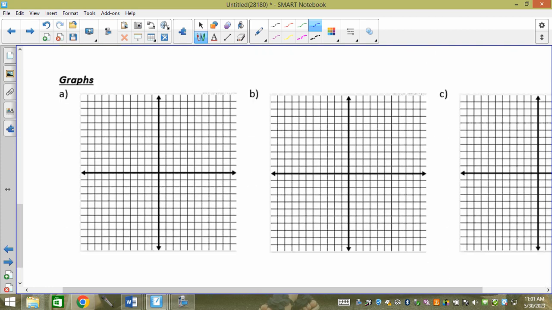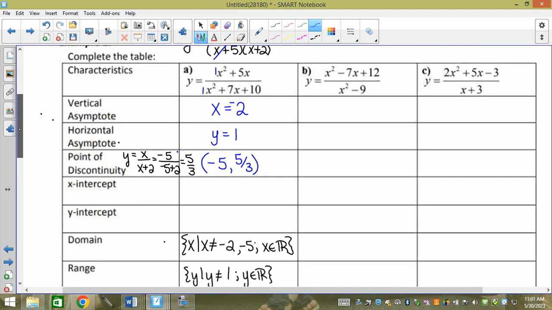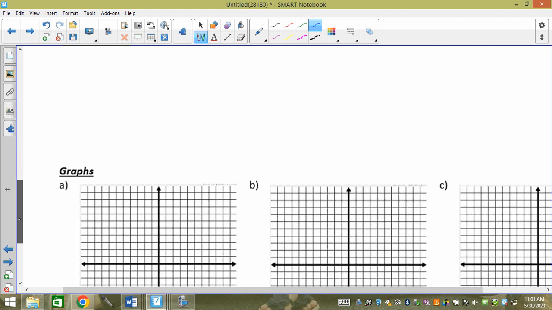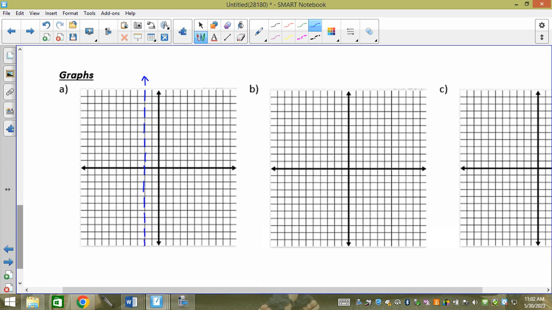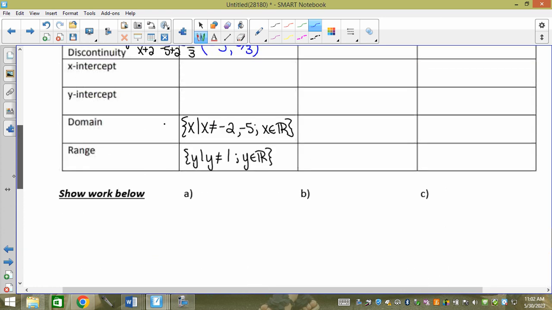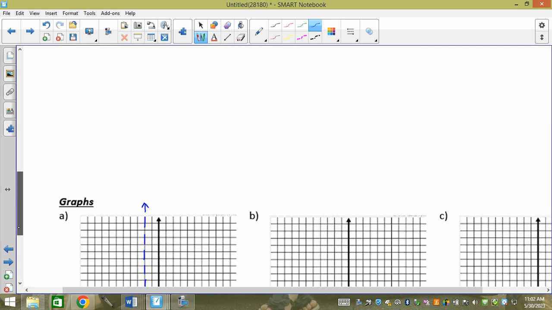Here's your graph. So we need to put some sketching things on here. So I have to put a vertical asymptote, so a dashed line at x equals -2. And then I have a horizontal asymptote at y equals 1.